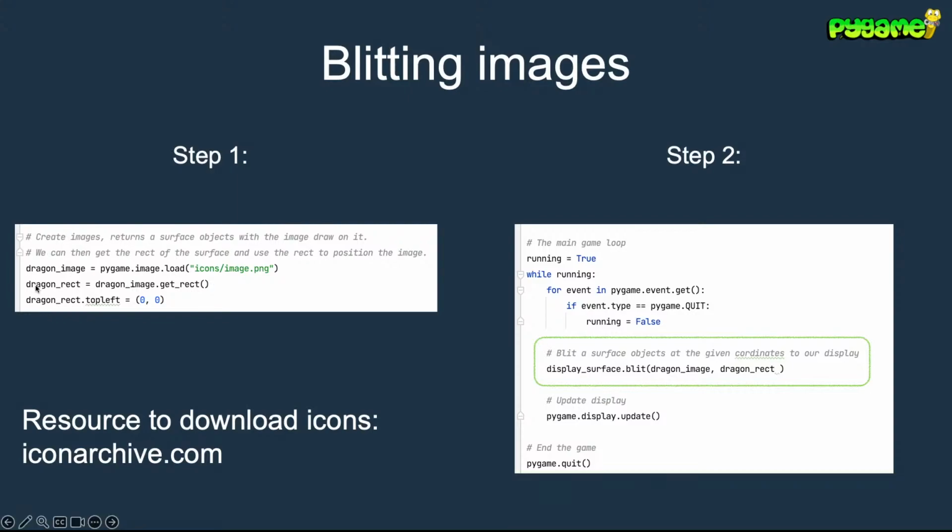Then you can get the rectangle from that image by using the get_rect function. And then we need to locate our image on our screen with an XY coordinate. So let's try this.